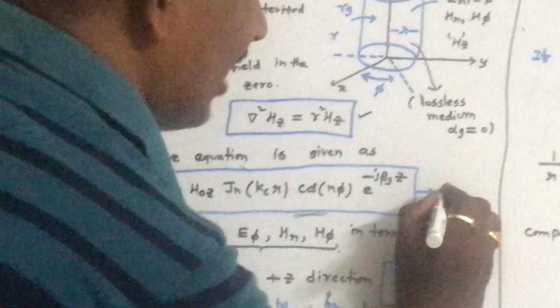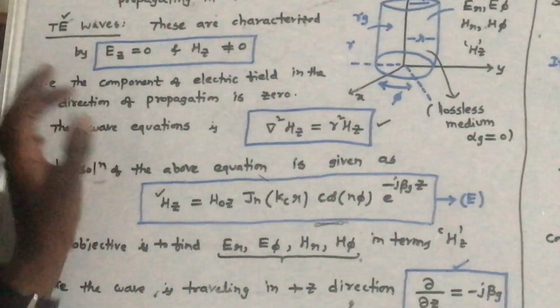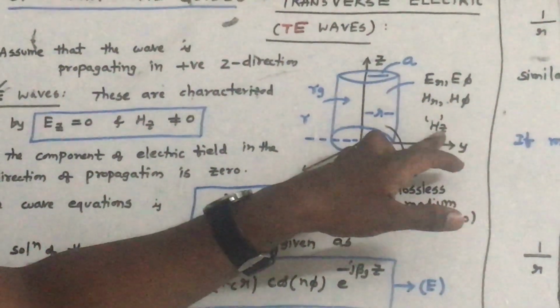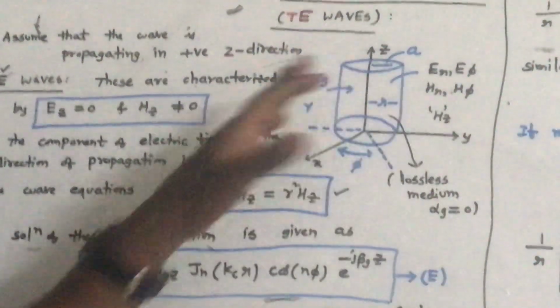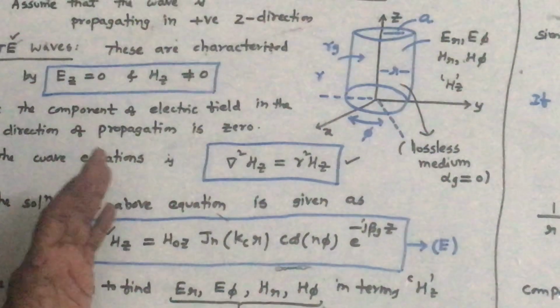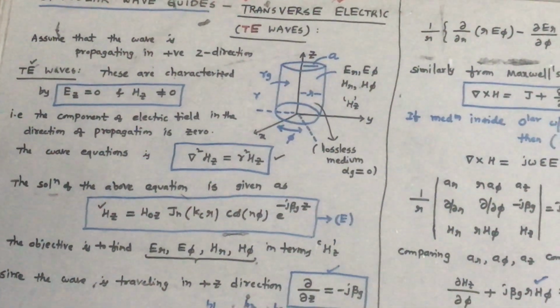Call this equation E. So this is what you have to derive: the field components ER, E phi, HR, H phi in terms of Hz by solving the 6 equations which have come from Maxwell's equations. Okay, so this is what you have to write. Thank you.